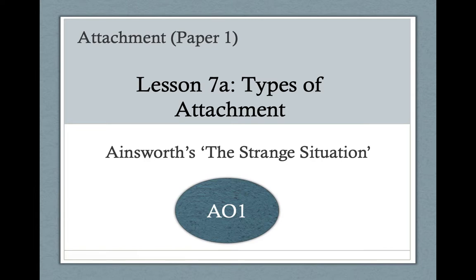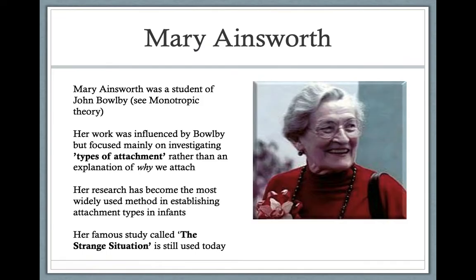And to look at that, we're going to be focusing on the work of a really influential psychologist in attachment called Mary Ainsworth. She is also named on the spec as well, so we're going to get to know her and who she is in a second, and her famous study on attachment called The Strange Situation. So that's what we're going to be focusing on in today's lesson.